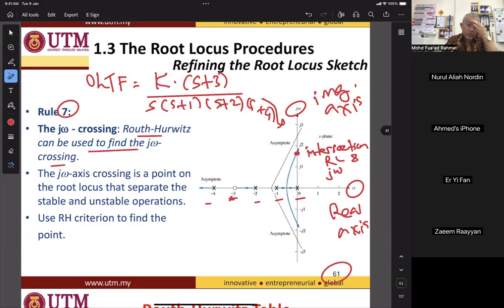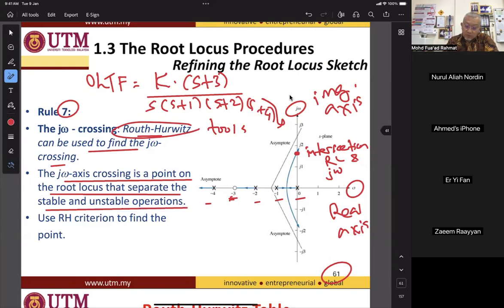In order to do that, we use a tool called the Routh-Hurwitz. Routh-Hurwitz is the tool to calculate the intersections. The j omega axis crossing is a point on the root locus that separates the stable and unstable operations.